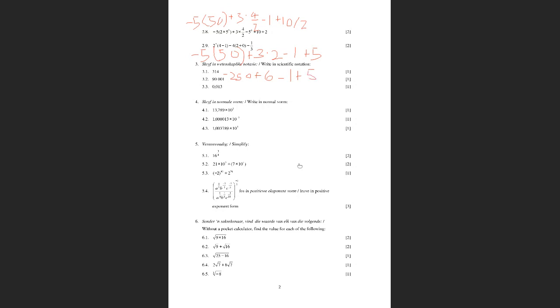Minus 250 plus 6 will give us minus 244. Then minus 1 plus 5 will give us plus 4. So in effect, we have minus 240.